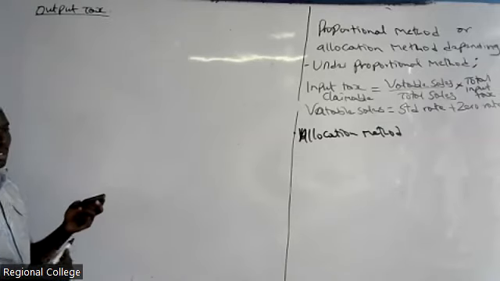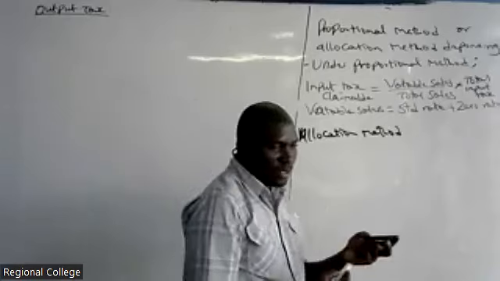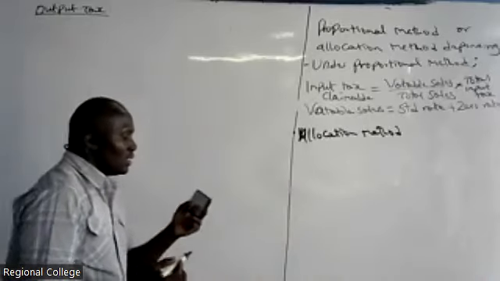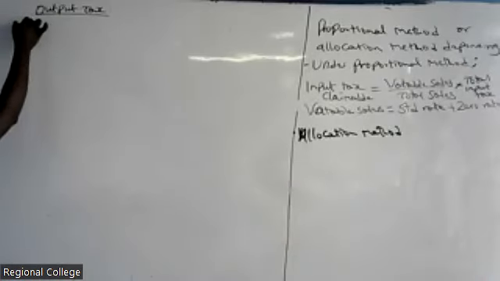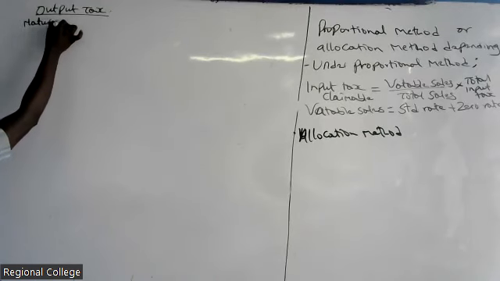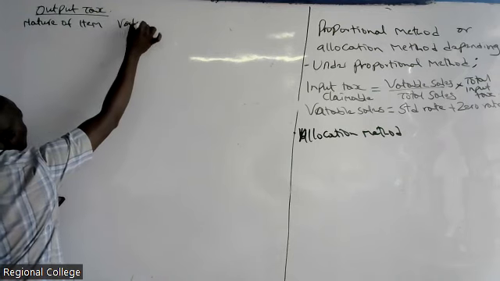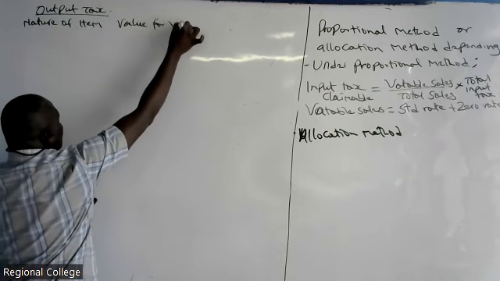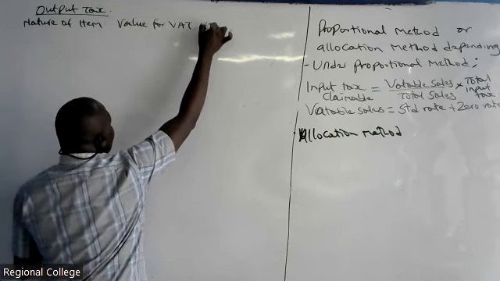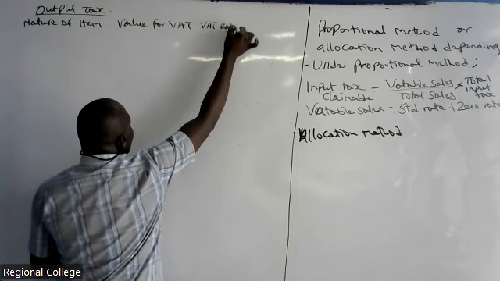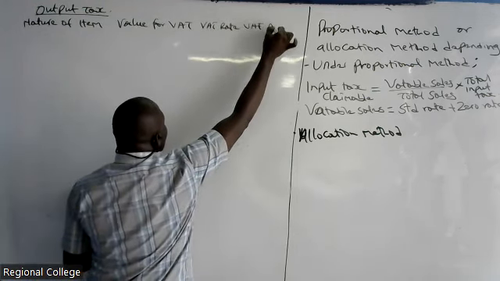Just have a schedule. Wanasema we kill many birds with the same stone. So hapa tuko na the schedule: nature of item, value for VAT, VAT rate, and we have the VAT amount.